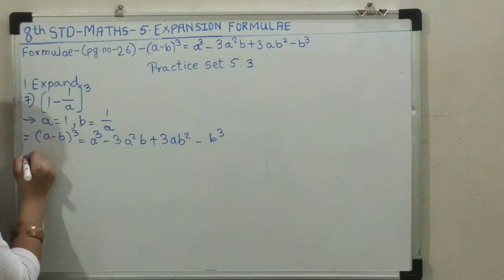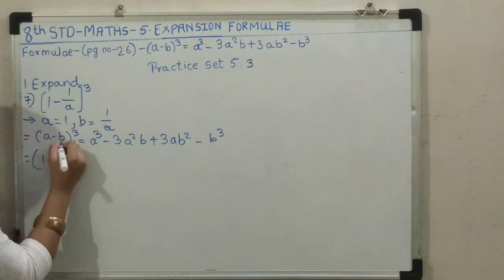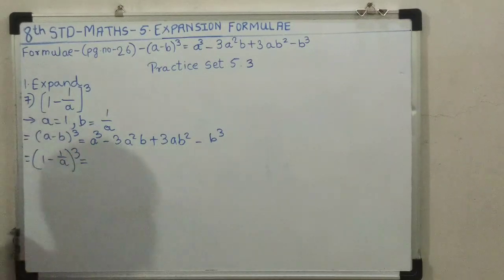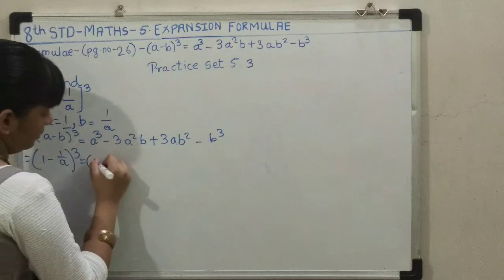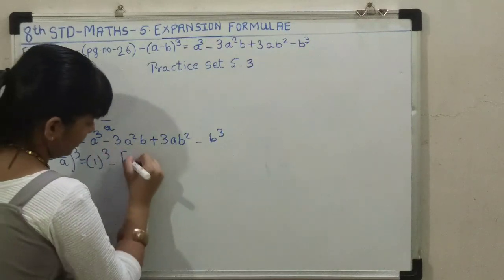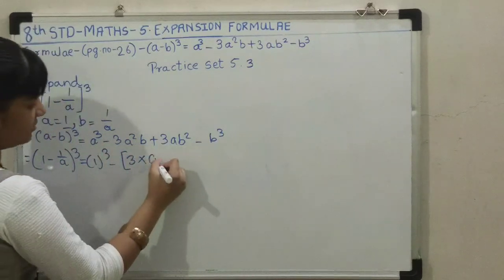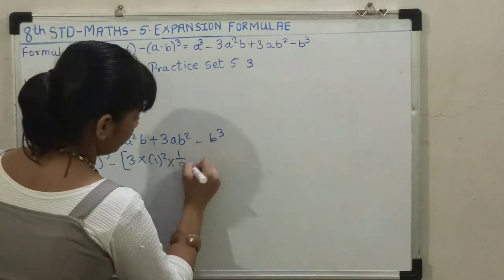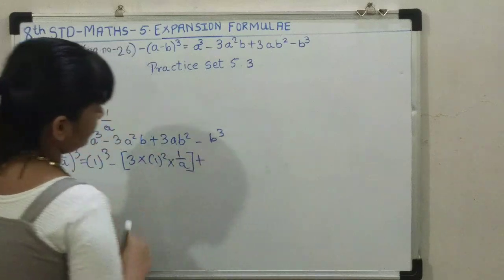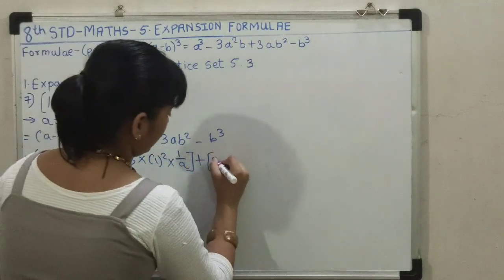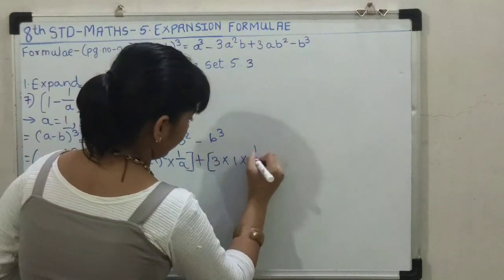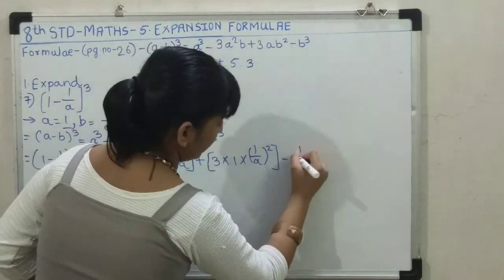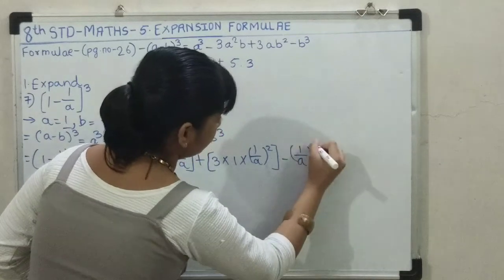So a is 1, b is 1/a. The bracket cube is equal to a³, that means 1 cubed, minus 3 into a squared, that means 1 squared, into b, that is 1/a, plus 3ab², that means 3 into 1 into (1/a)², minus (1/a)³.